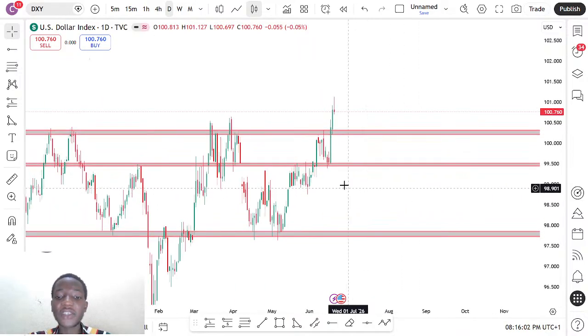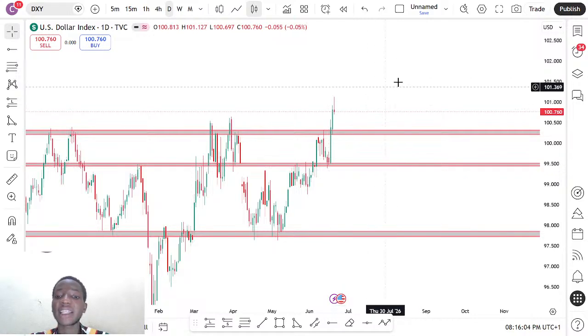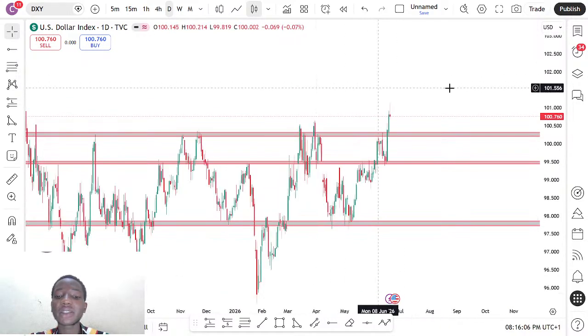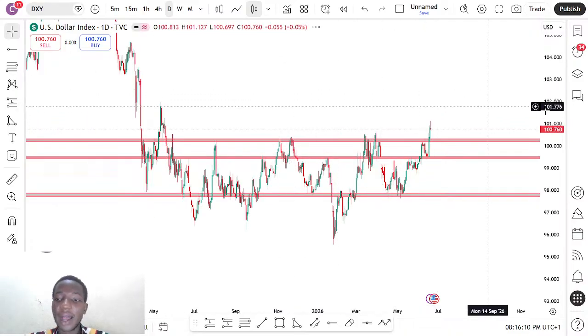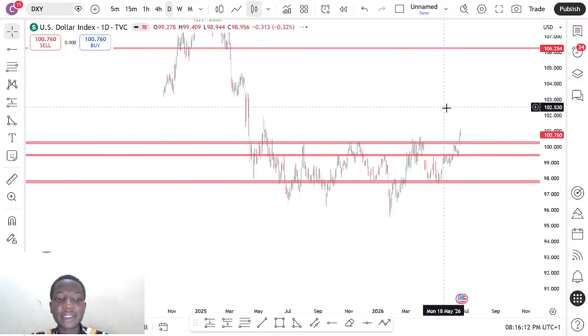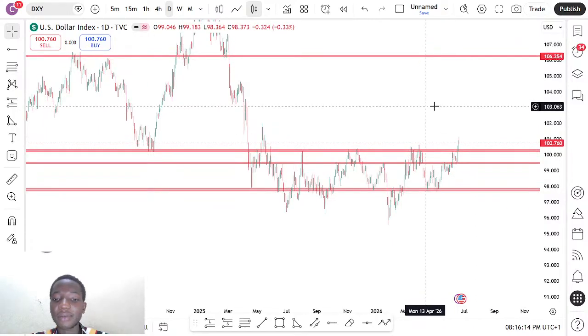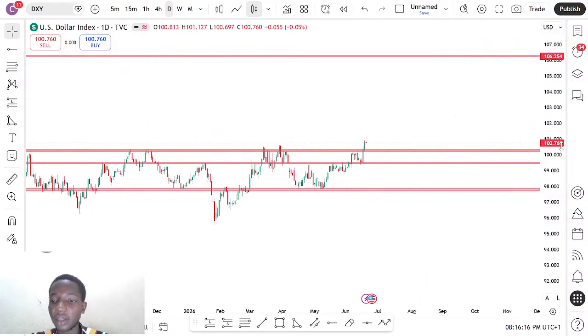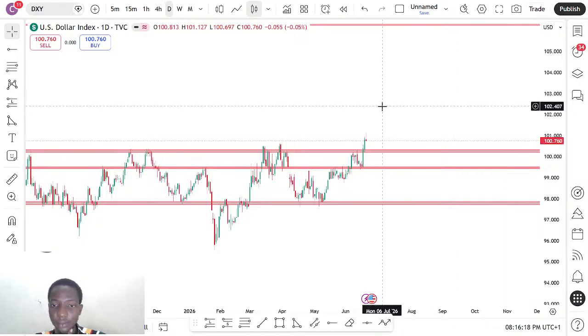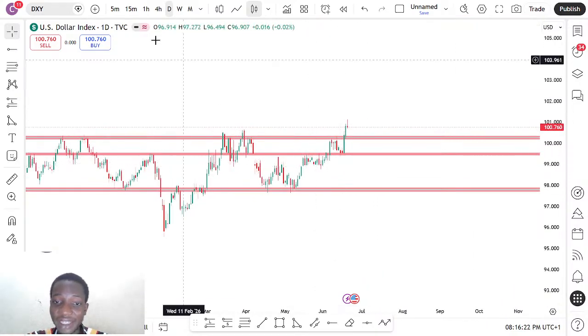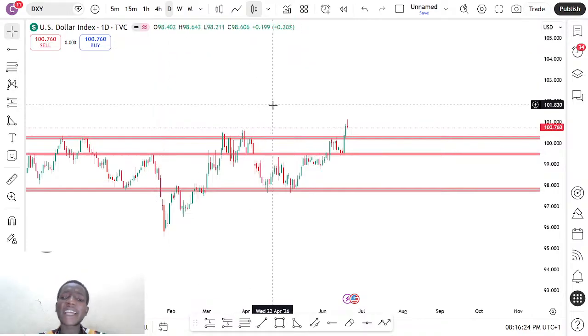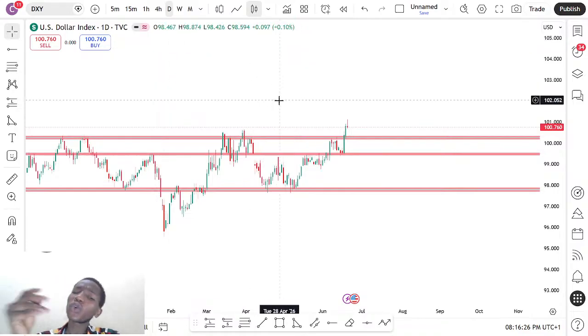Because of this massive push to the upside, that is what makes gold sell. And it seems that this market is still trying to push up further. Okay, this is an example of break and retest, because sometimes when the market breaks, it will go up.